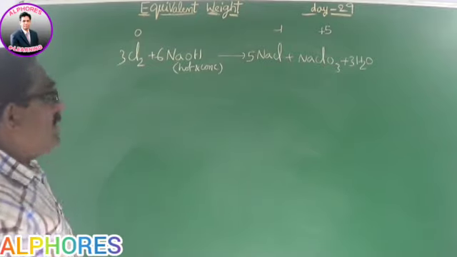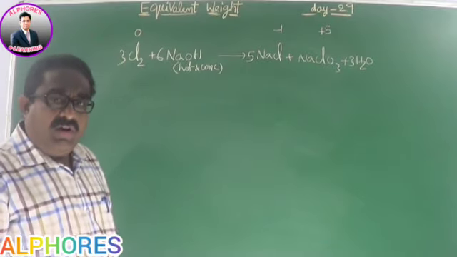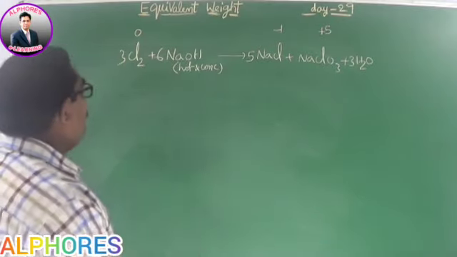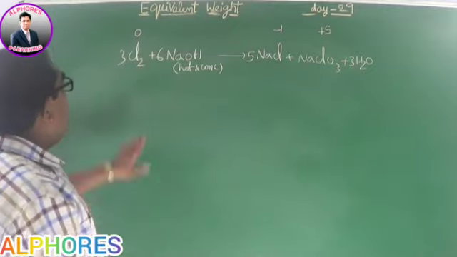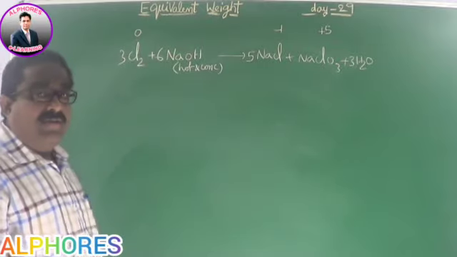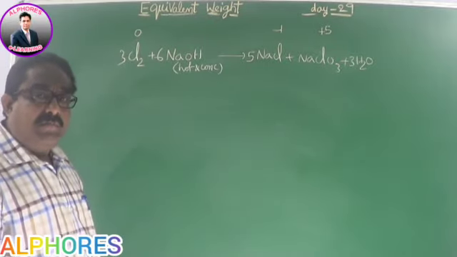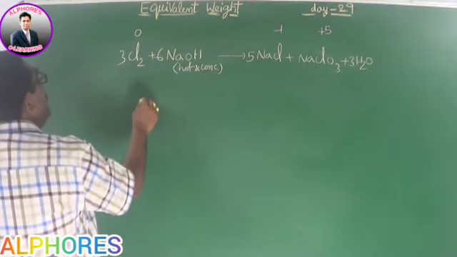You can call this redox reaction a disproportionation redox reaction. How to calculate the equivalent mass of chlorine here? That is our next question. What exactly do we have to learn for the estimation of equivalent masses here?